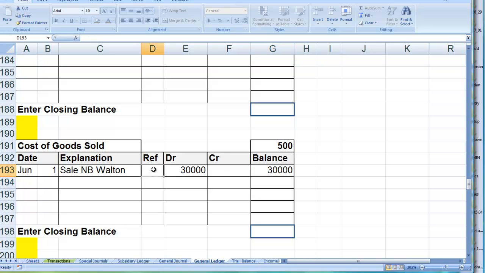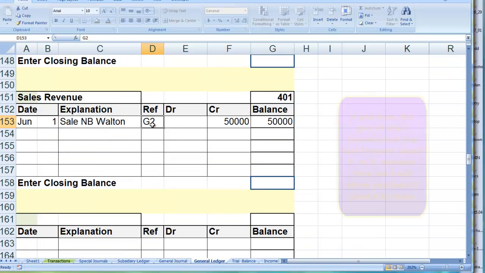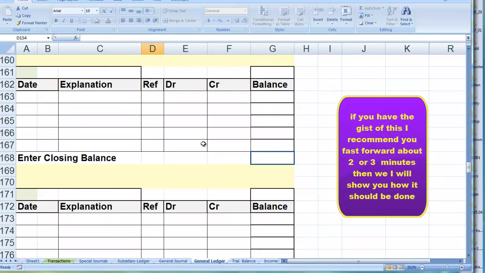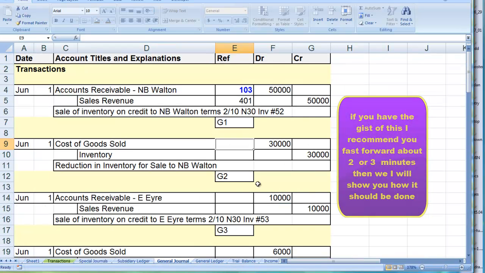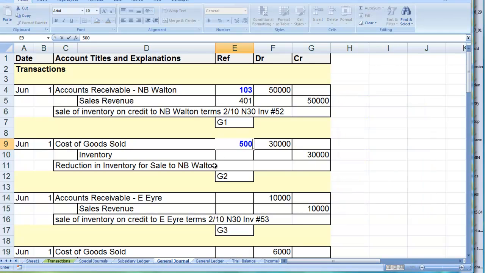The reference is G2. Just made me realise I put a wrong entry here. The journal reference area is still G1. So now that's G2. Now I go back to the general journal and I write in here 500 to indicate that's posted the cost of goods sold.